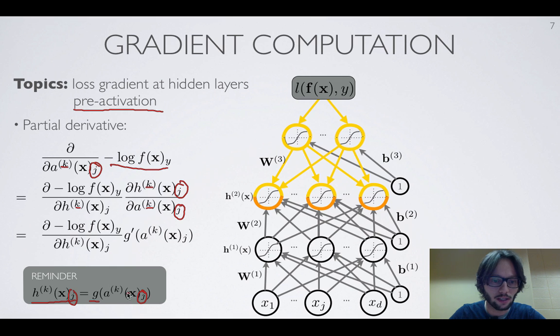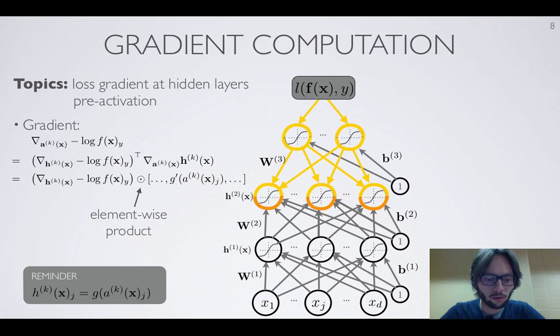So this only depends on the jth pre-activation. And for this term, this is simply the partial derivative of my activation function evaluated at the value of the pre-activation. So this would be simply the gradient or the derivative of my chosen activation function.